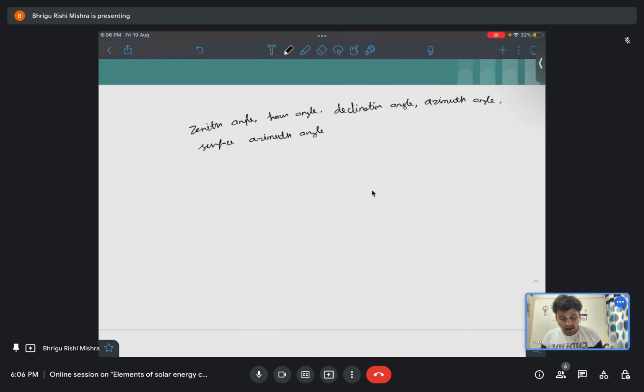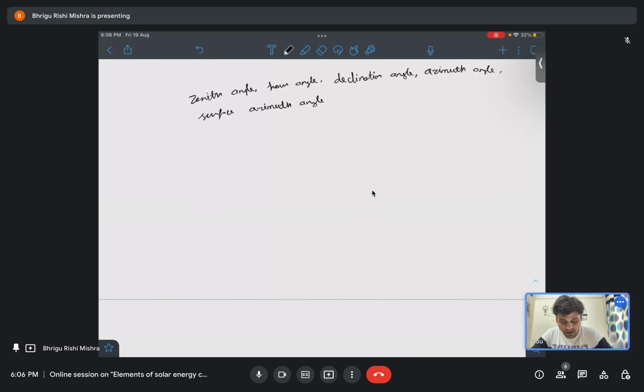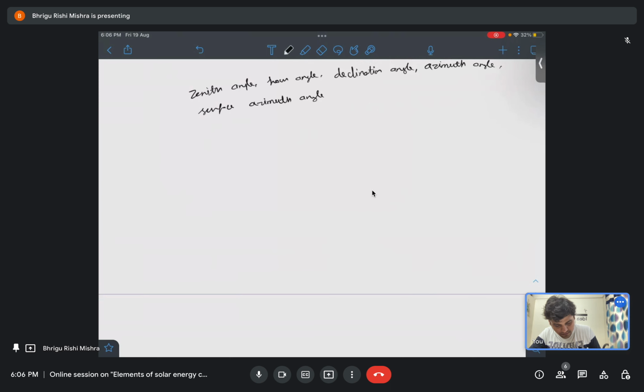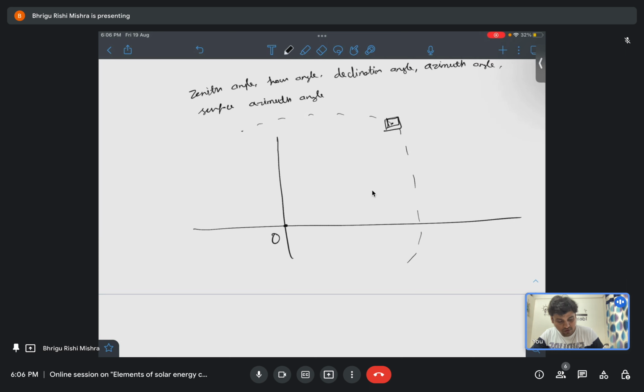Okay, and then we talked about the central angle, surface angle. So for example, if I have a plane here, and I assume it as the earth surface, this point is on the surface of the earth, and this is the center of the earth, O. Let's say this point is P. The vertical to this point will be like this.